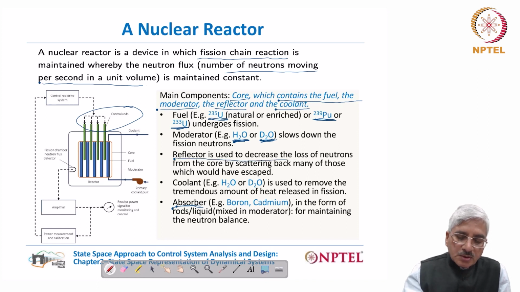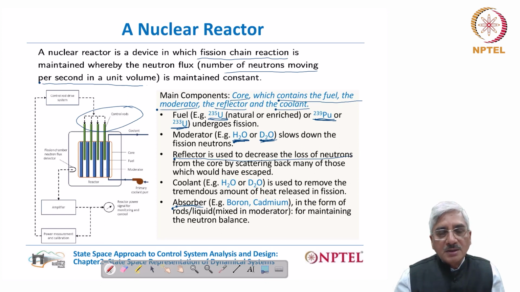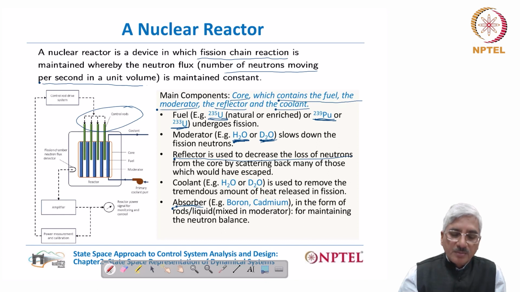Reflector is used to decrease the loss of neutrons. So there is a high concentration of neutrons in the reactor core. So they try to diffuse out of the reactor core, and the job of reflector is to send them back, to reflect them as much as possible back in the core. Coolant's job is to convey the heat produced in the fission event to the outside of the core, and thereby it either produces electricity or that heat can be used in any other meaningful manner. The absorbers are boron or cadmium.